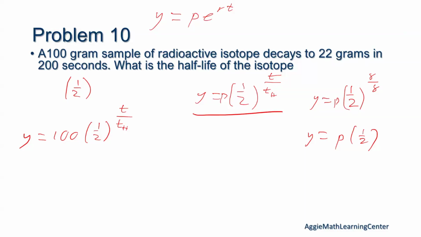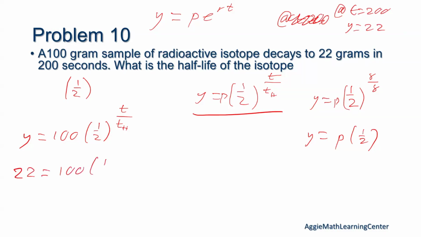And then it gives you that at t equals 200 seconds, y equals 22. So if you plug that into the equation, you have 22 equals 100 times 1/2 to the, and then this is 200 seconds on the top, and you want to find your half-life.